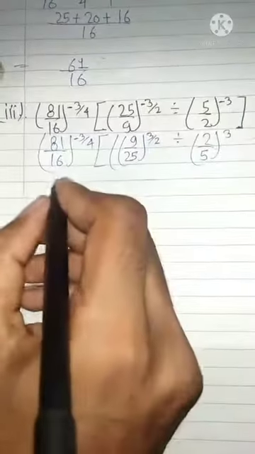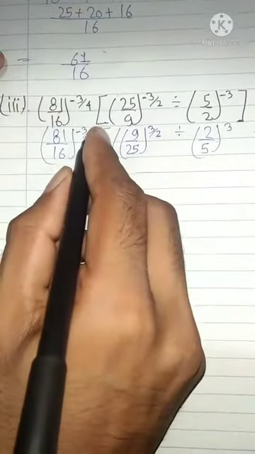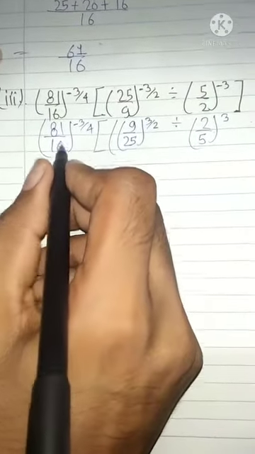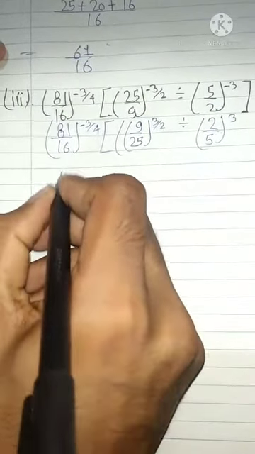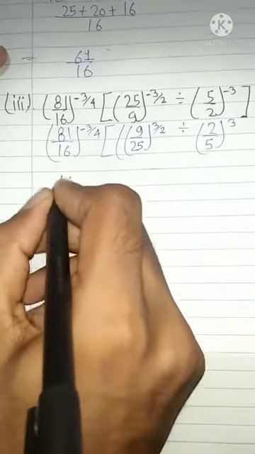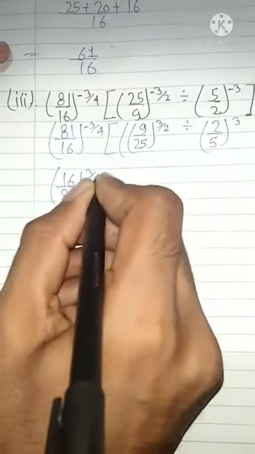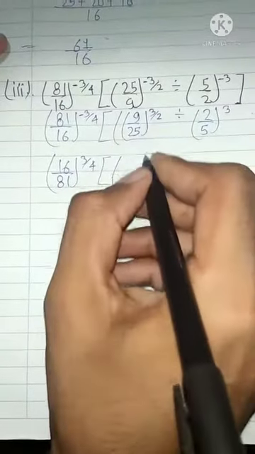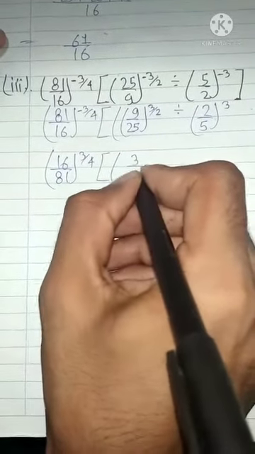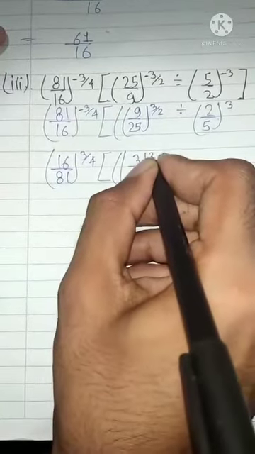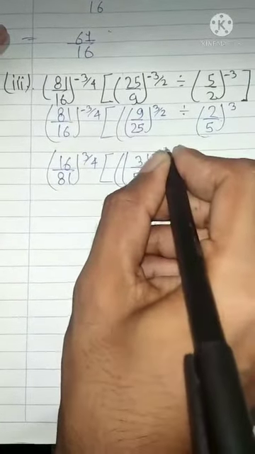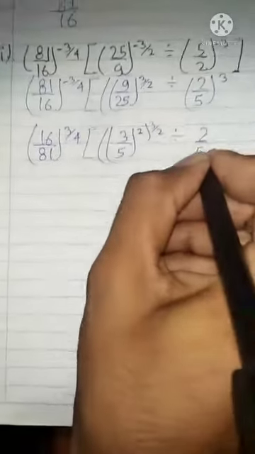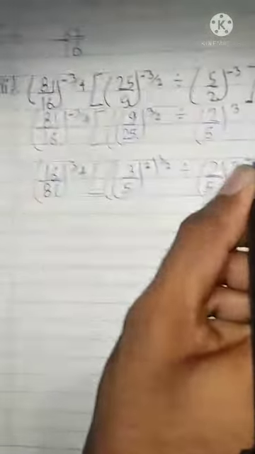In this also the power is minus, so you also take the reciprocal of 81 and 16, so it becomes 16 upon 81 to the power 3 by 4, divided by (3 upon 5) whole square whole to the power 3 by 2, divided by 2 upon 5 to the power 3, bracket close.